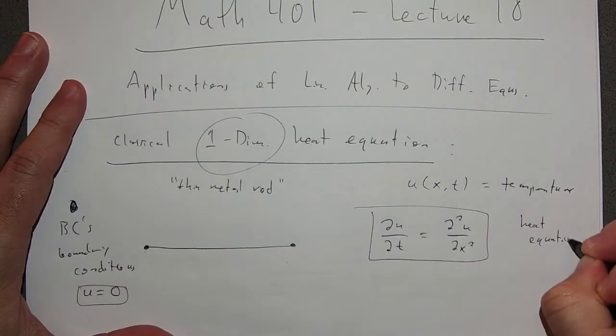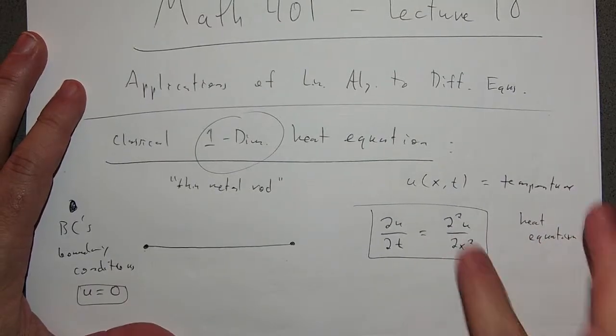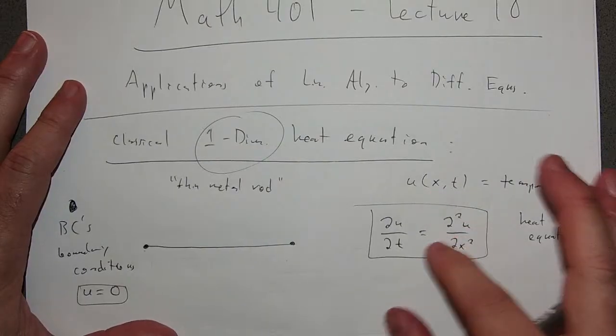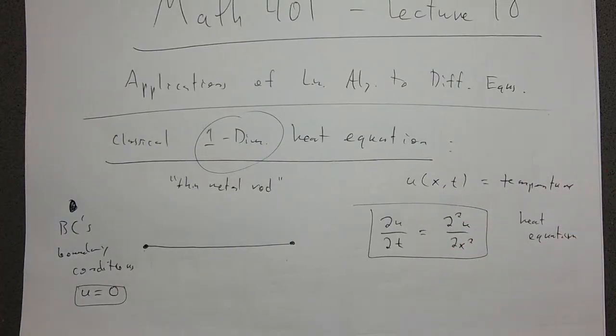You might notice that we're in 1D here, so you can't really tell what's going on. But if this were in 3D, this is actually the Laplacian of the thing. If you don't remember what the Laplacian is, it's the trace of the Hessian matrix. The Hessian matrix contains all the mixed second order partials of a function of several space variables.